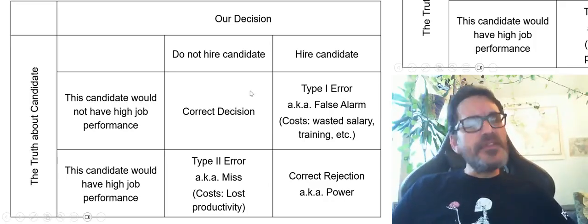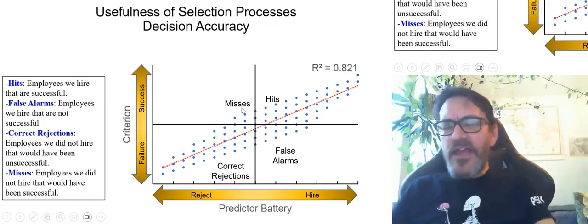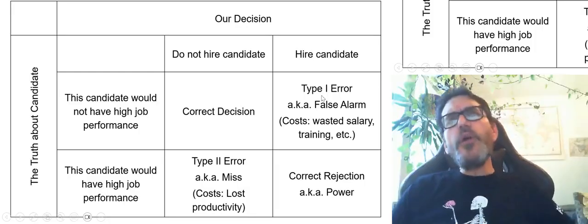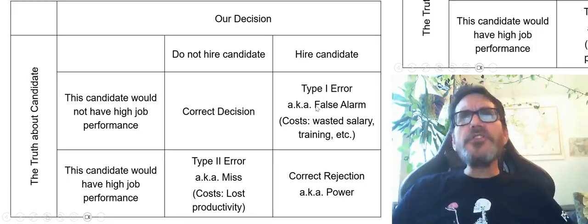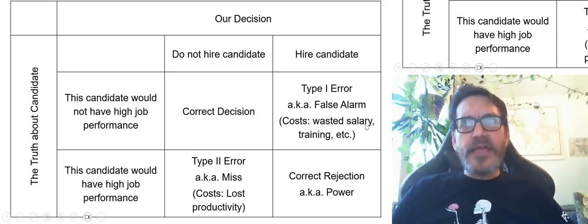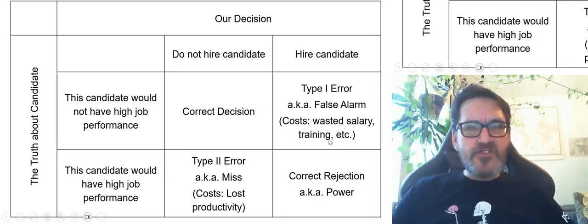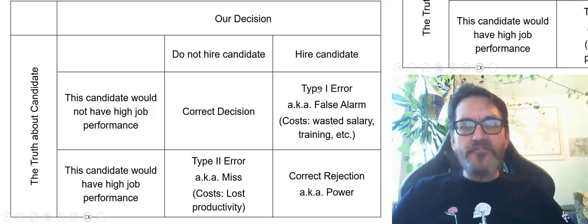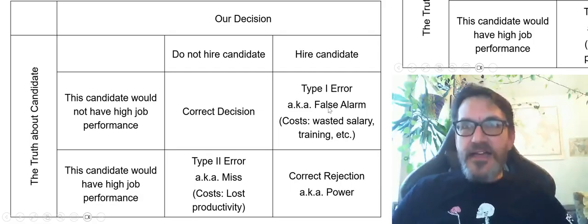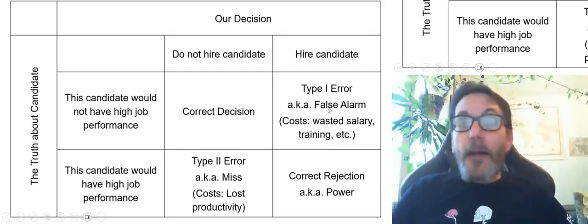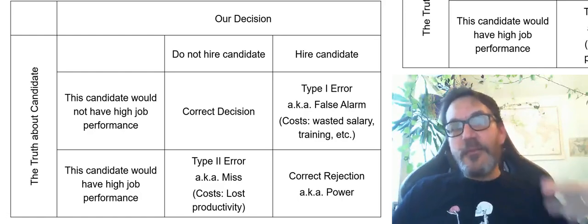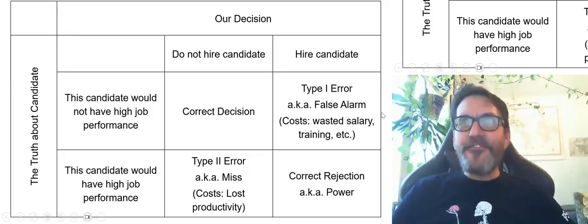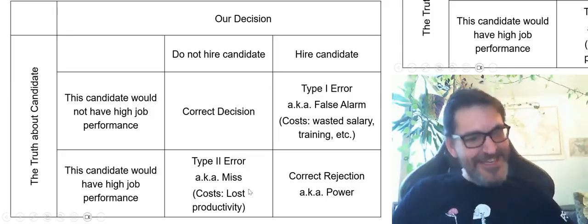And so the IO psychologist, when evaluating the value of this predictor battery, would have to say, okay, false alarms have this cost. Wasted salary on these people, I wasted training, they're invested in my corporate culture, and now I have to move them out. Maybe even though this guy is a failure, maybe he's real popular and he's collegial, and maybe everybody loves George, and now you've got to be the bad guy to fire George because he's a bad employee.